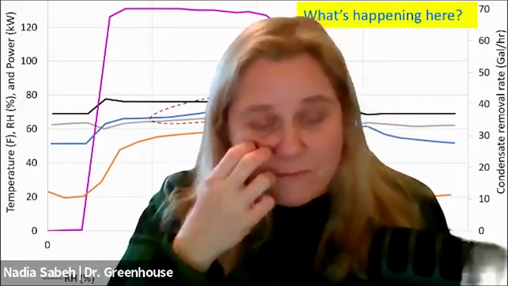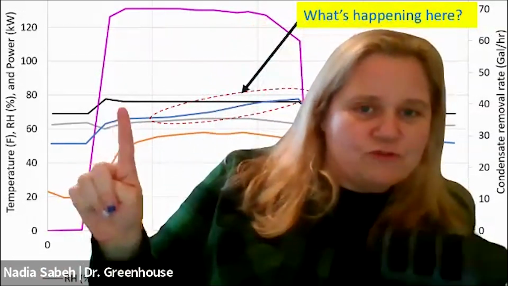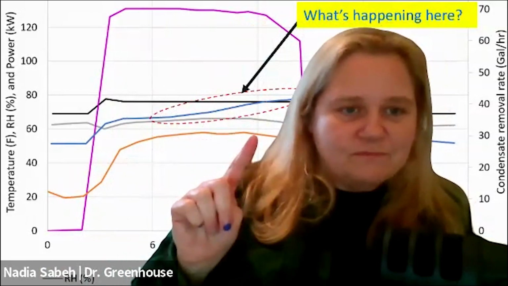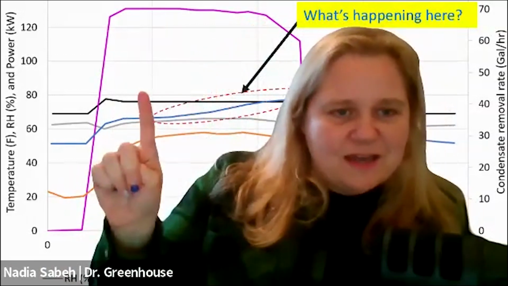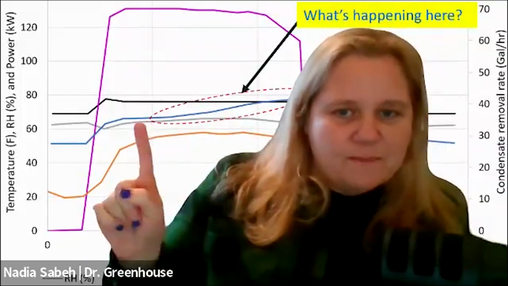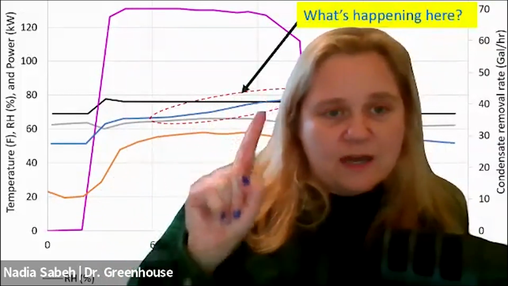For those of you who have taken my workshop, you've probably seen this graph before, because it's a great example to say, everything is really chill, right? Everything is really flat, right? There's light and there's HVAC and there's the relative humidity and the temperature, but there's this line, this blue line that is increasing over time. Why? Right? Why is that happening?